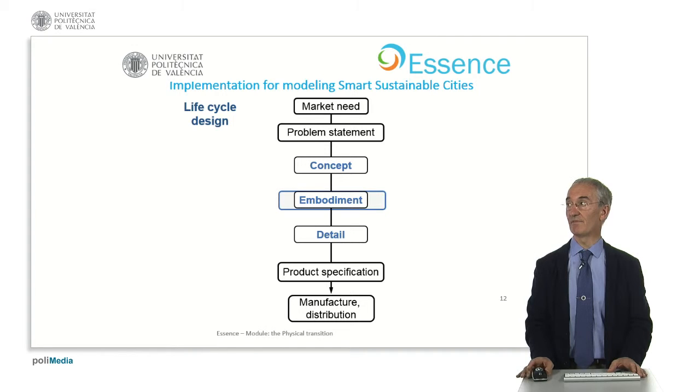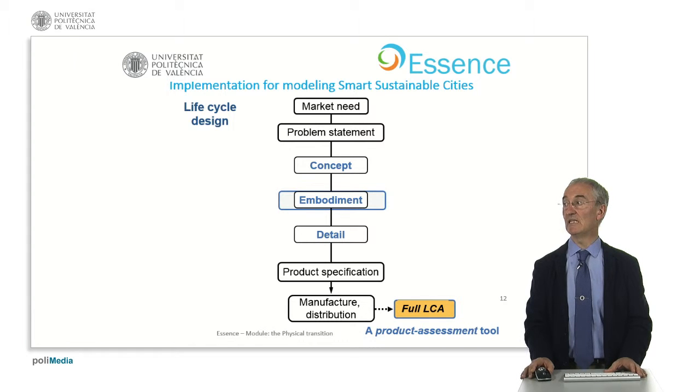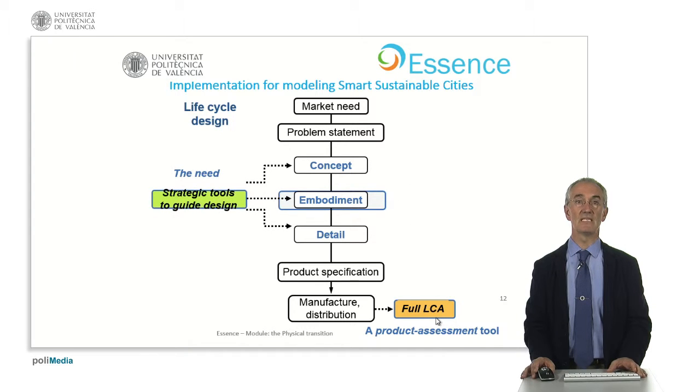Here we have the different parts, market needs, embodiment, detail, but this life cycle design finally will produce indicators which are to be compared and provide a full LCA analysis of the building. The redesign, once the full LCA is performed, is very desirable in order to make an optimization of the overall building design.